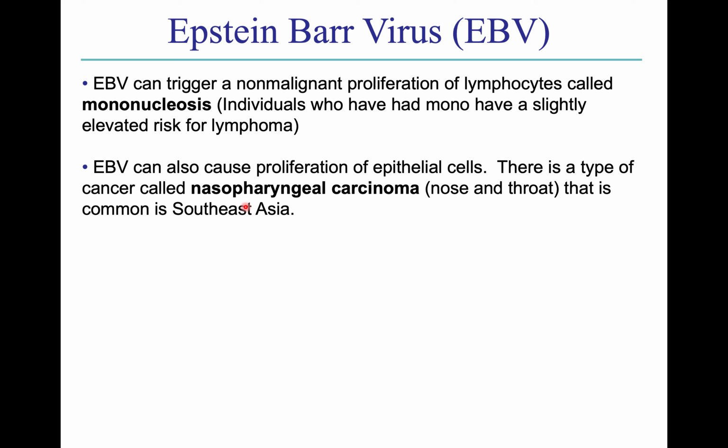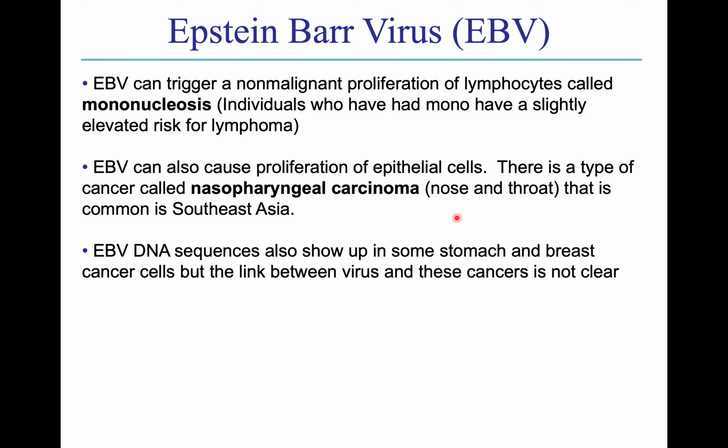So there are some nasopharyngeal carcinomas, nose and throat cancers basically, that are relatively common in Southeast Asia that have been linked to Epstein-Barr virus infection. We do see Epstein-Barr virus DNA sequences in some stomach and some breast cancer cells, but that link is not entirely clear.